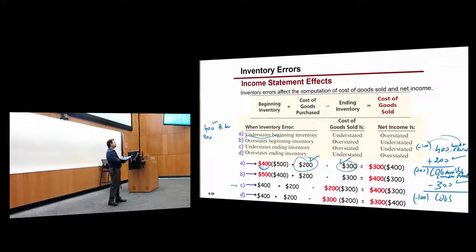You forgot to include, or you added some goods in transit. You made a mistake with goods in transit. So basically this one was understated. This is where the mistake is. It was understated by 100. This one is correct. This one is wrong. Now the cost of goods sold, will it be overstated or understated?